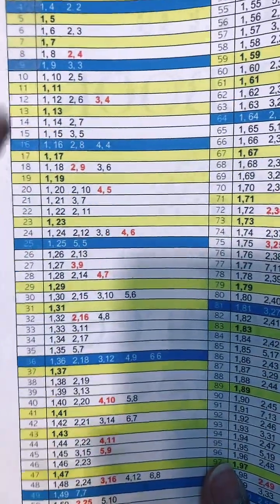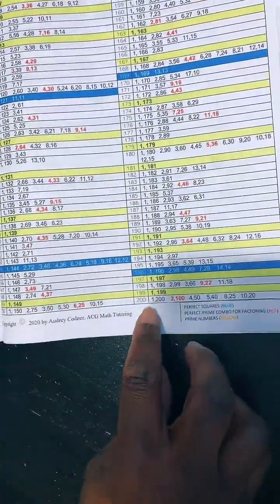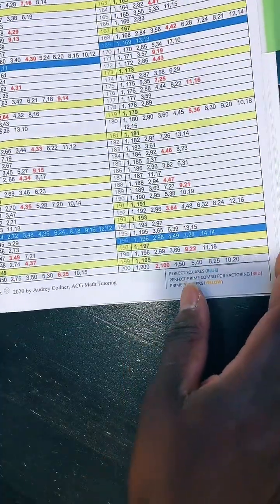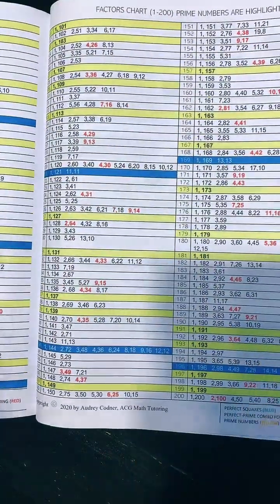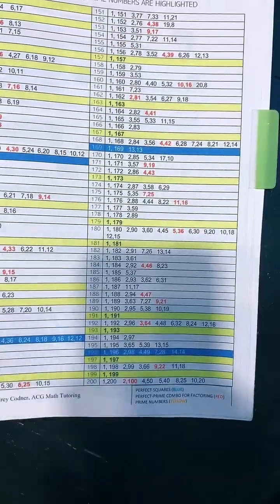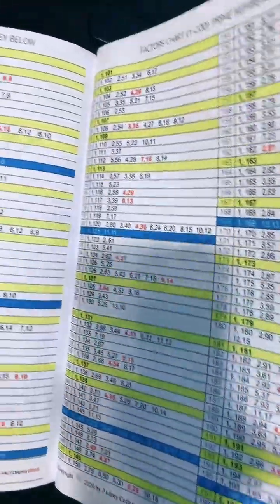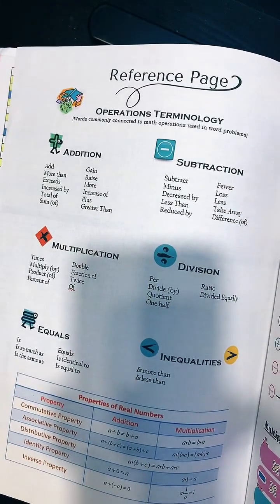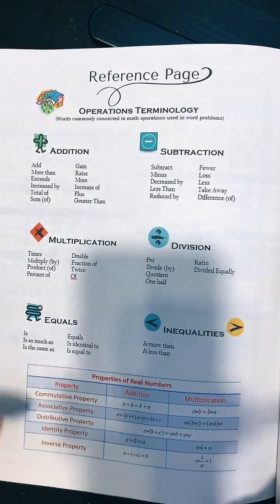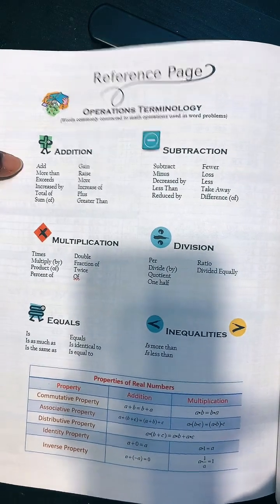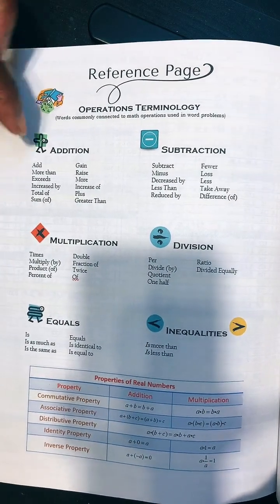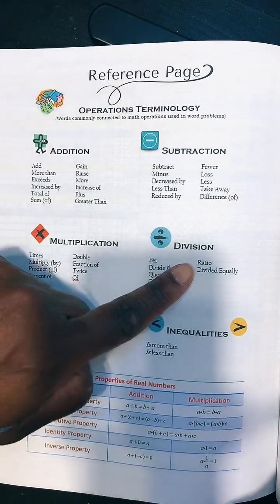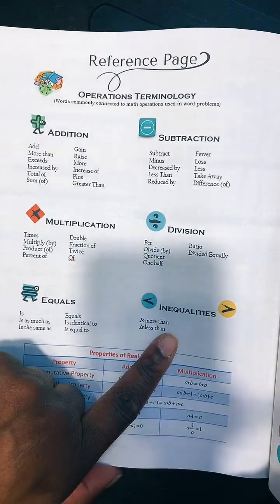I have this not only for 1 to 100, because a lot of teachers usually have that. I have it all the way up to 200, because we're doing advanced stuff, so we see a lot of higher numbers. In addition to this, I have the most used words that we see in most word problems, and what operation is attached to them: addition, subtraction, multiplication, division, equals, inequalities.